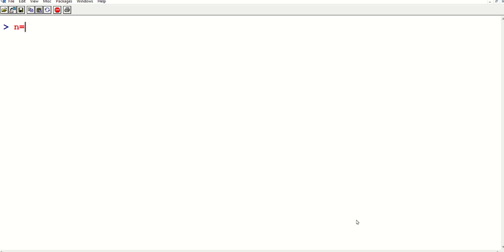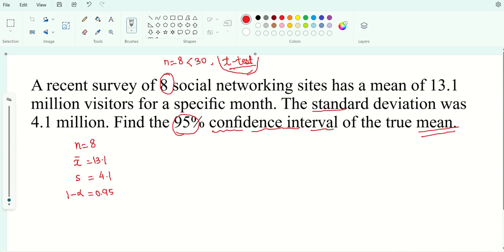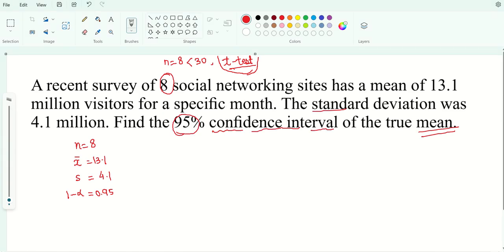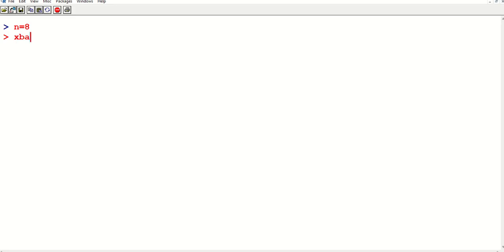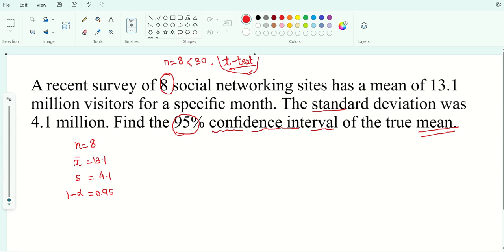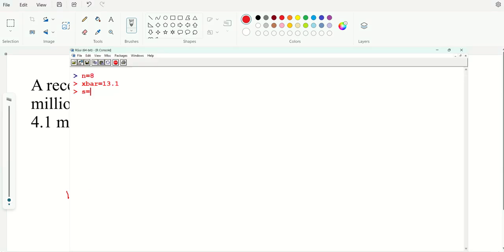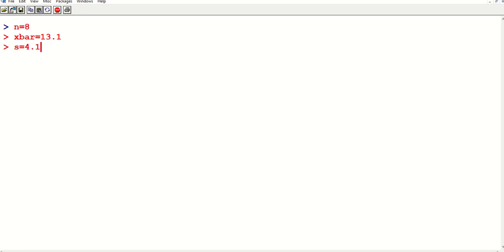n is equal to 8. x bar is equal to 13.1. The third thing is S is equal to 4.1. You can call it sigma also, because sigma is the standard deviation.